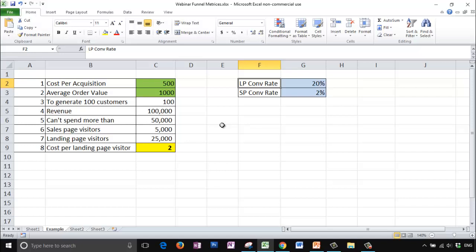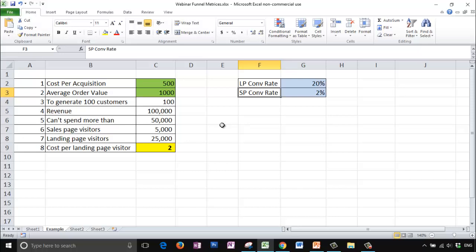When you buy traffic or you get traffic and you send them to a place where they can sign up for a newsletter, or where they can sign up to get a series of videos for free, any free content that you're providing them for that email address, that page is called your landing page. That's where your traffic lands. Now, the second page is the sales page, which is basically your e-commerce site, or it could be a page where people pay their money to buy your product or service.